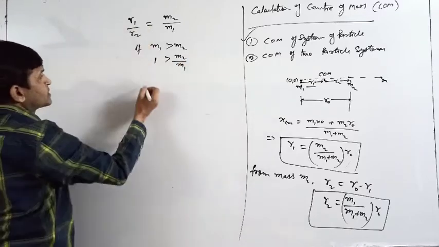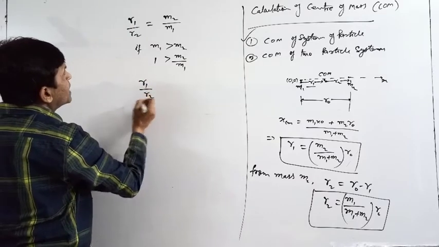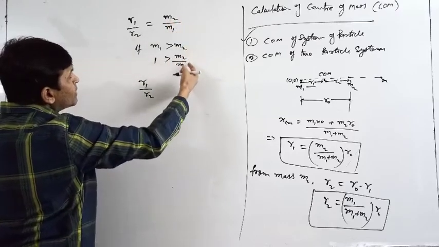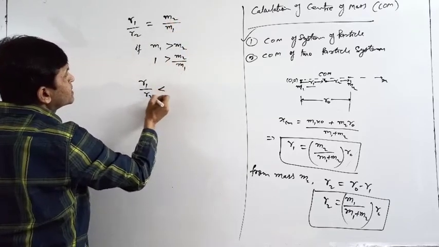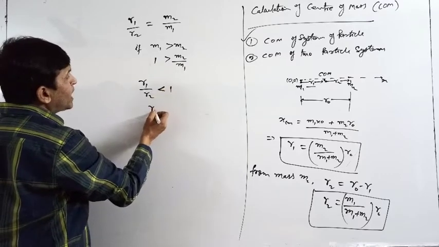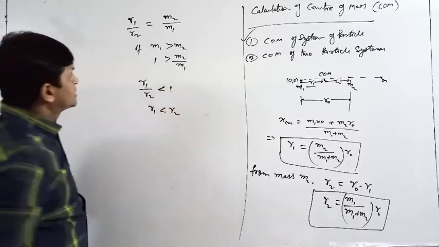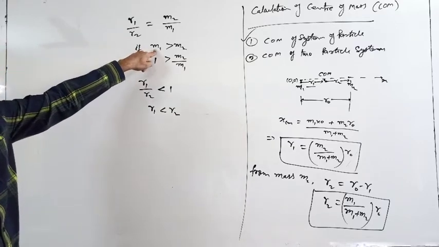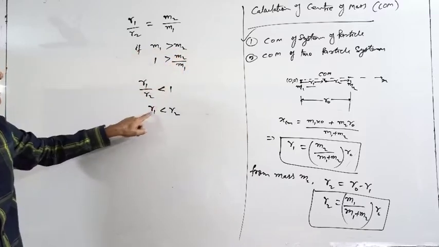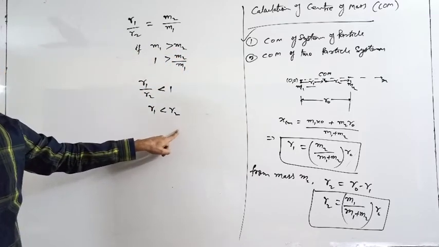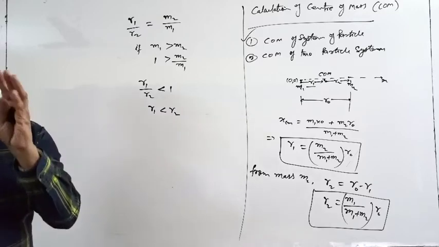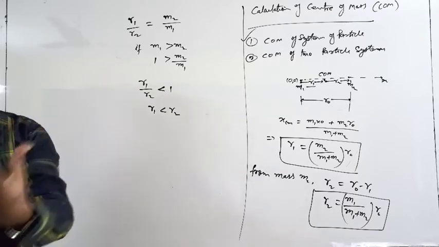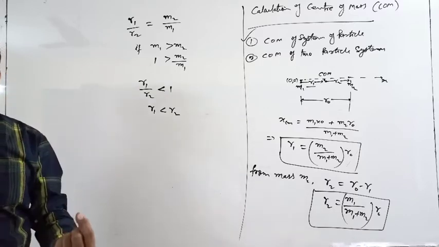See here, R1 by R2 is equal to M2 by M1, and M2 by M1 is less than 1. So R1 is less than R2. See, an important point: if mass M1 is more than M2, the distance will be less. It means the center of mass will be close to that body which has more mass.